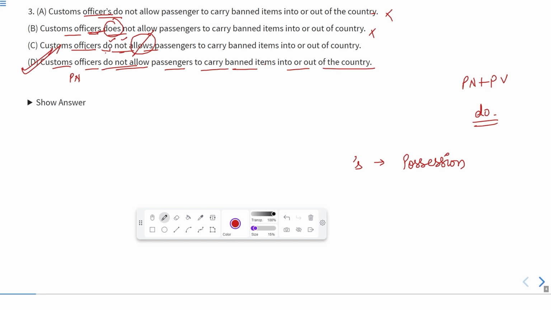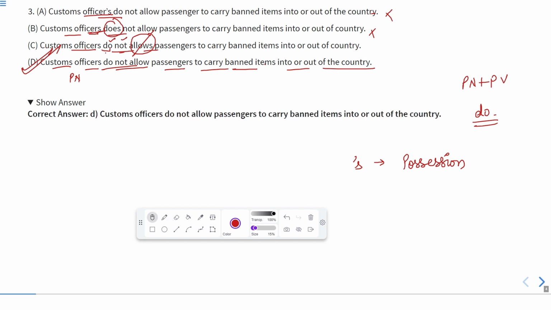So according to this, the correct answer is D. That is, customs officers do not allow passengers to carry banned items, which are restricted in any country, into or out of the country. So D is the correct answer.